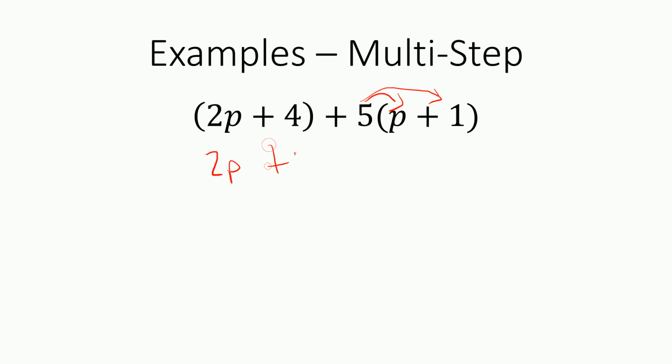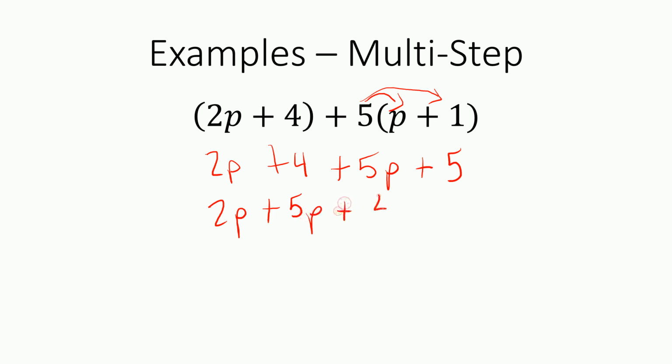I'm also going to remove the parentheses around 2p and 4 so that I can rearrange this in an order that makes sense for me, because I want to put like terms together before I add. And I can always rearrange the terms however I want using the commutative property. In this case, we're just going to switch 4 and 5p. That'll be an easy way to get the like terms together.